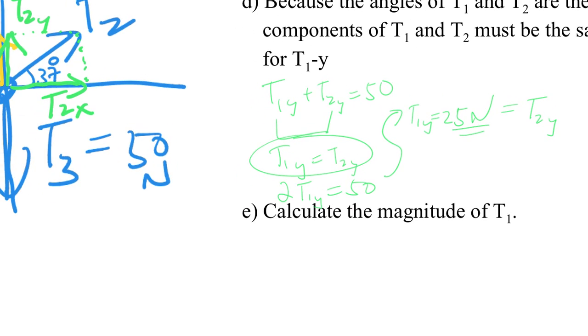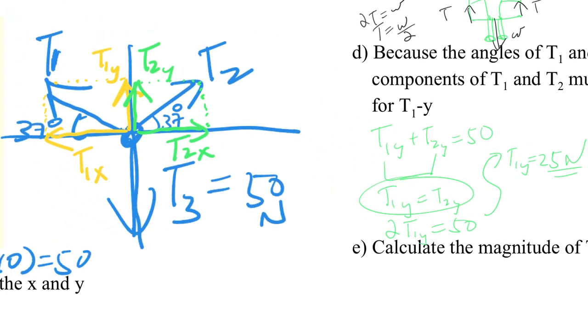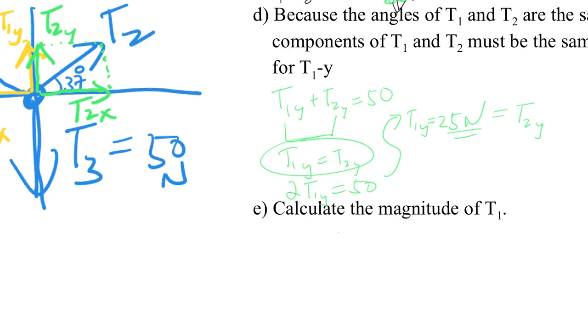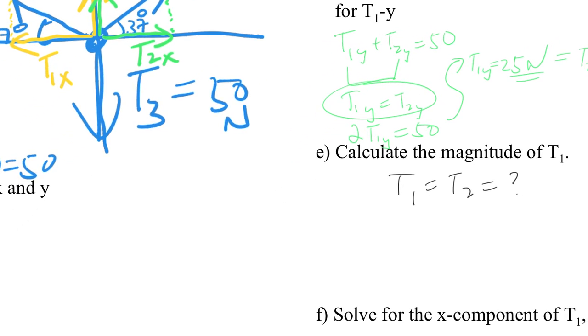Okay, calculate the magnitude of T1. T1 is the same thing as T2, like I just said. So we're going to have to solve for either T1 or T2. Okay, so use trig. I have the y component, so I can do T1y equals T1 times sine of theta, using the qy equals q sine of theta equation on your equation sheet.